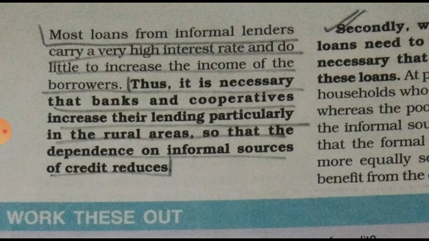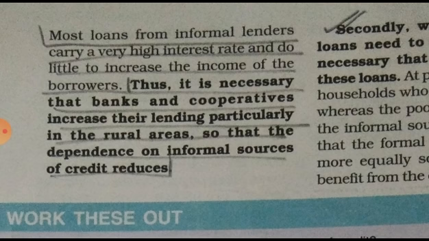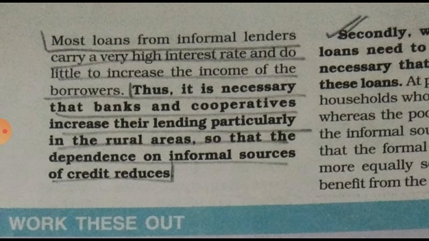And secondly, while the formal sector loan needs to expand, it is also necessary that everyone receives this loan. Means there is a need for everyone who is needy to get the loan from the formal sector for development.